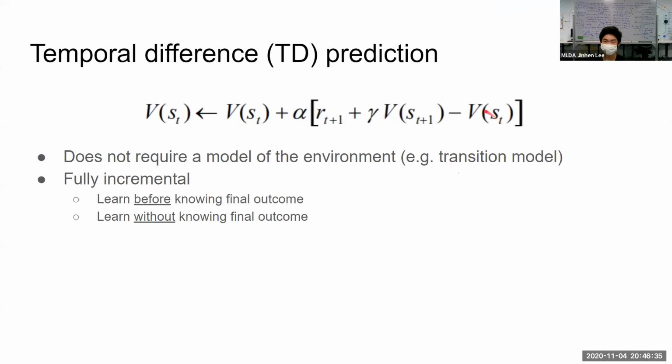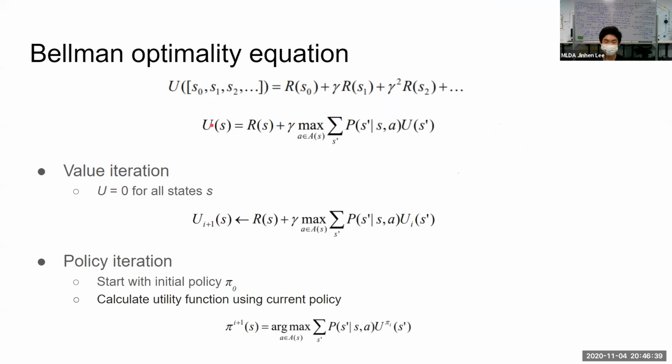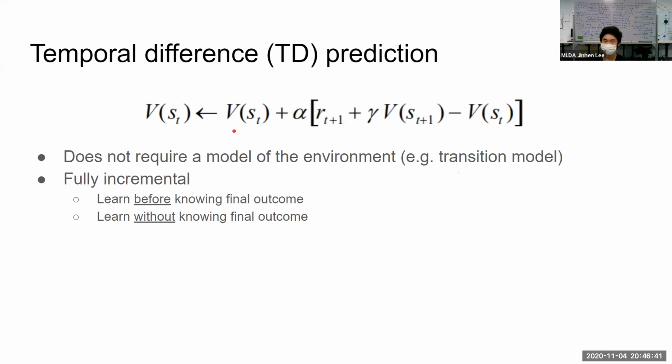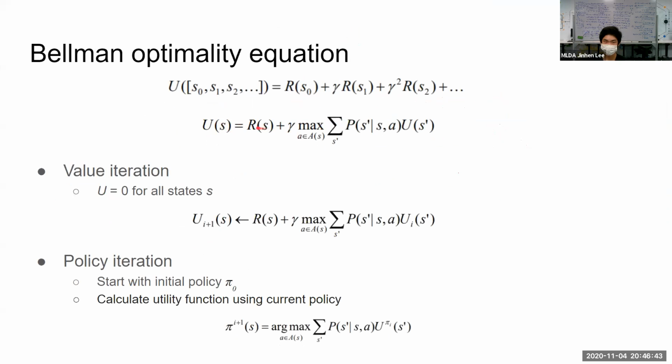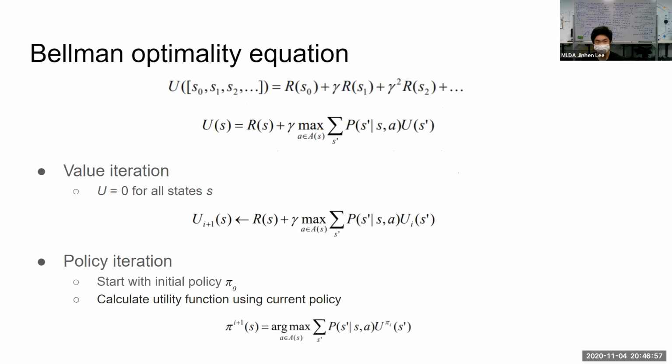Do you see the similarities? In this case, it is V of S_t equals R of S. This notation t+1 is because we assume that your agent will only receive the reward at the next time step, but it's still from the same state.